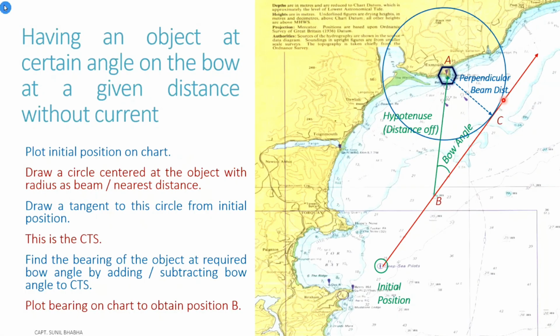Then you can draw either the bearing of that particular lighthouse using the bow angle, or you can mark off an arc equal to the distance off from that lighthouse to obtain point B, where this condition will be satisfied. So this completes our topic, having an object at a certain angle on the bow at a given distance without current.